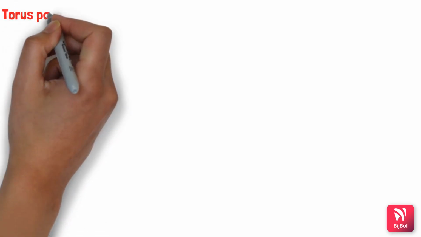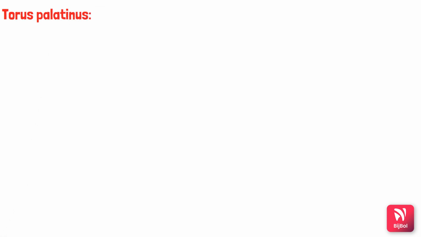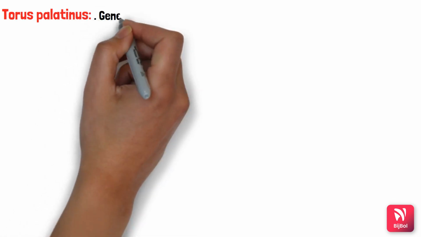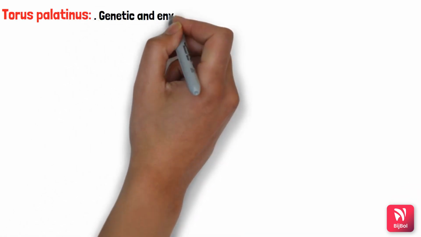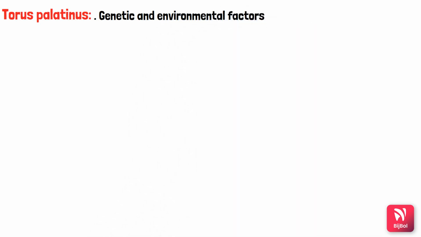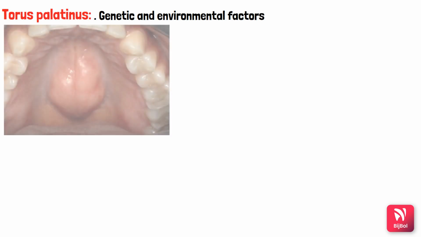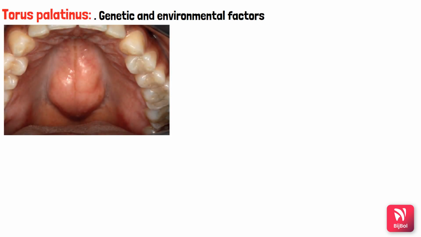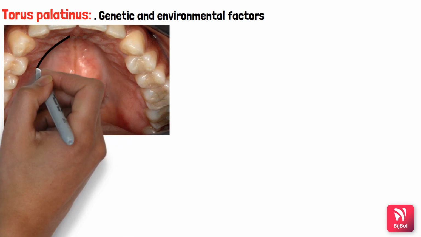Next we will see about bony lesions. First one is torus palatinus. So torus palatinus is actually a slow growing lesion which is seen in the midline of the hard palate. There are various hypotheses which are given, like genetic and environmental factors like masticatory stress.